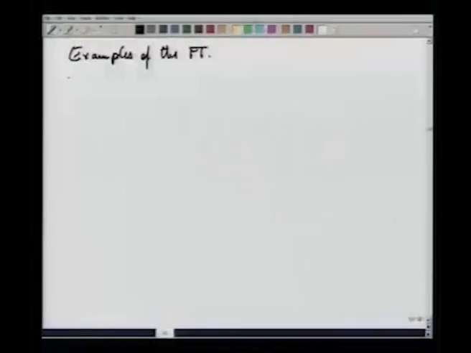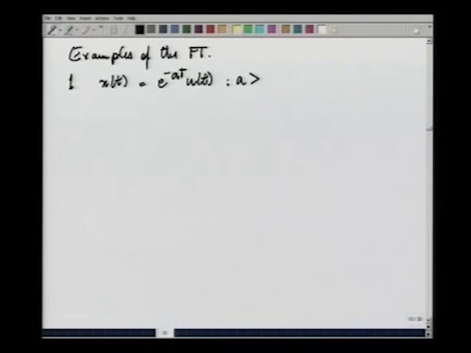So, one example is x t equal to e to the minus a t u t for a greater than 0. I can't tell you right now why I am saying a greater than 0, but in another few minutes, that will become the topic of discussion.